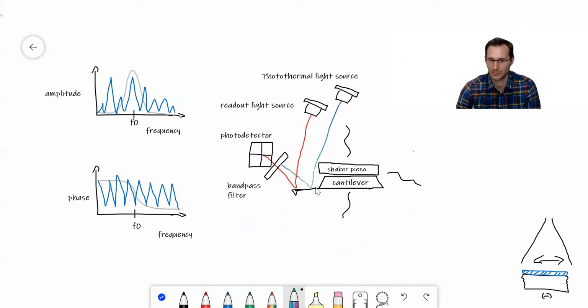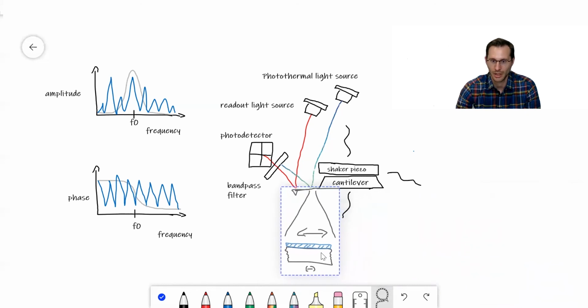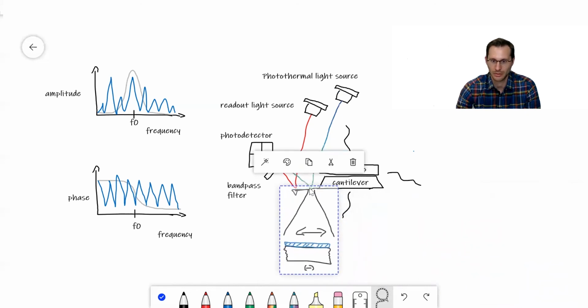And what happens is that as we shine this light source onto the cantilever, we heat up the cantilever. The cantilever will have a coating layer and a base layer, and those two might expand by different amounts depending upon their temperature coefficient of thermal expansion.